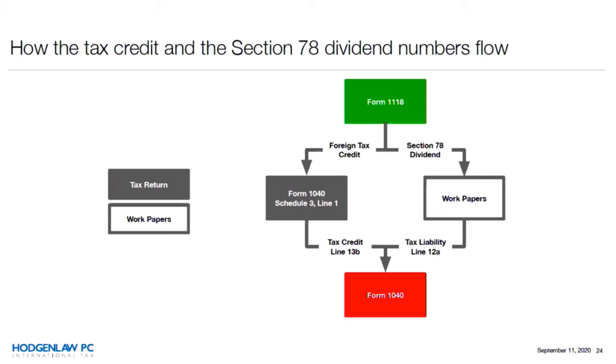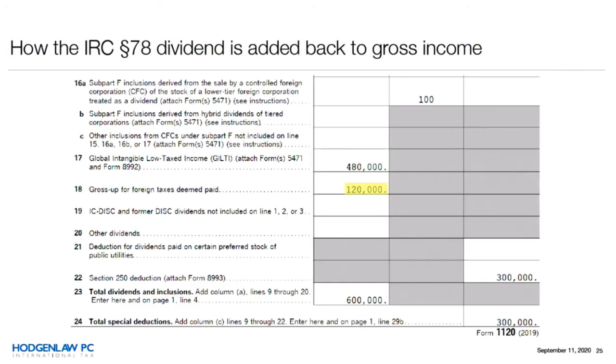But the Section 78 dividend is going to go into the work papers. It's going to go into that dummy Form 1120 that I do it that way because it's easier.